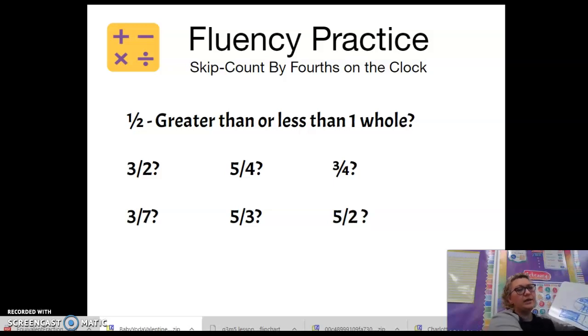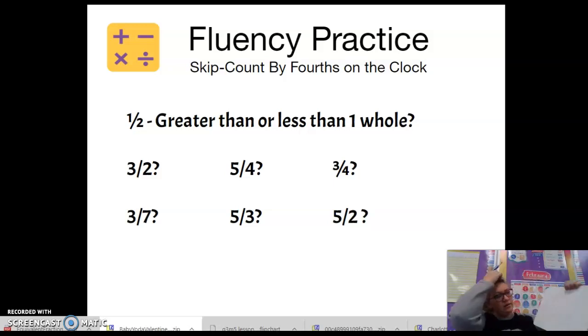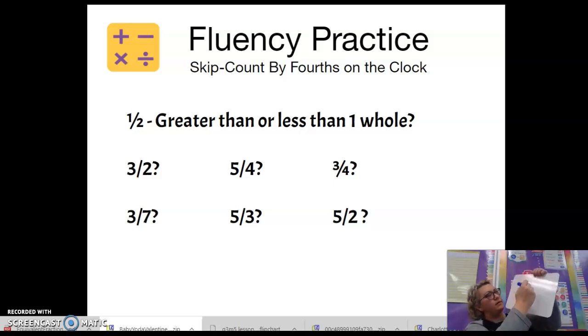Okay, so let's go on to 5/3. Actually, let's do 5/2 first. Okay, so I have 1 whole thing and I cut it in half. Well, it doesn't take more than 2 halves to make 1 whole.